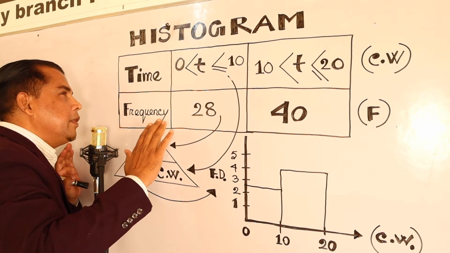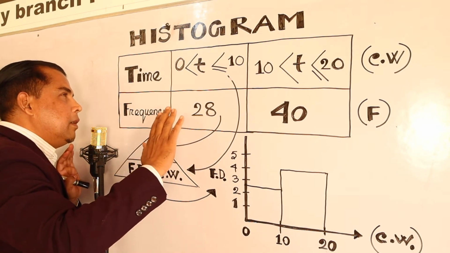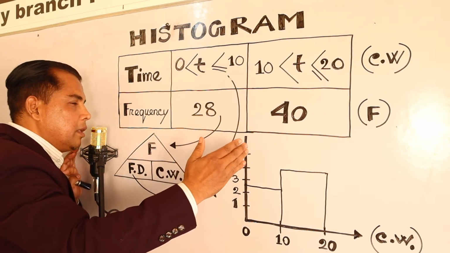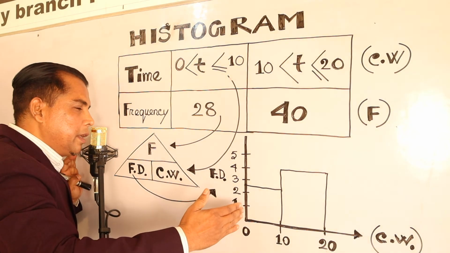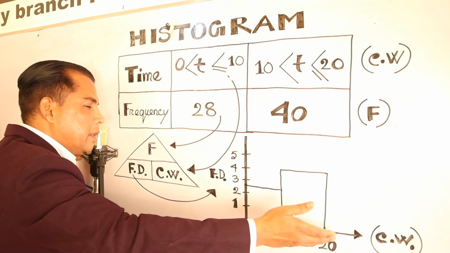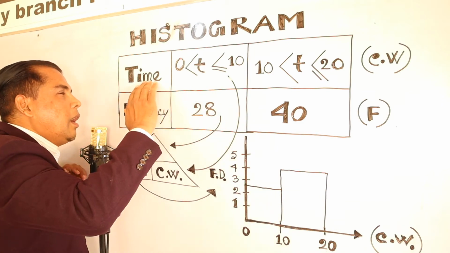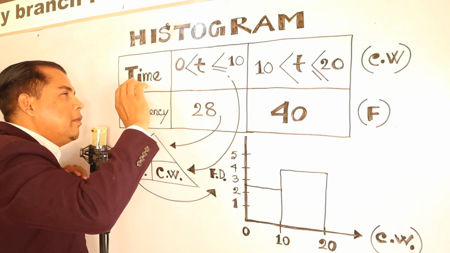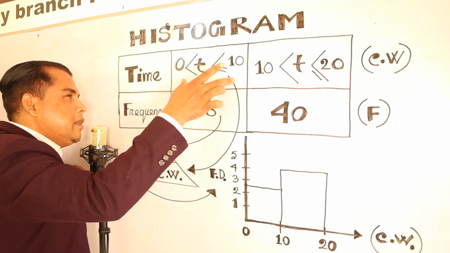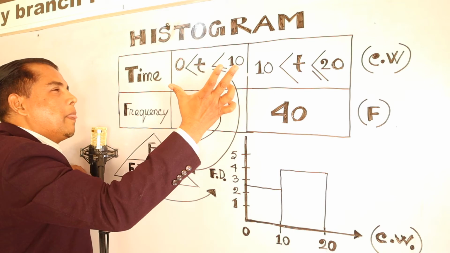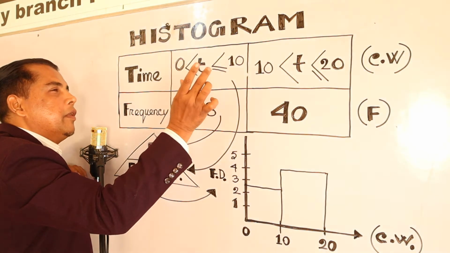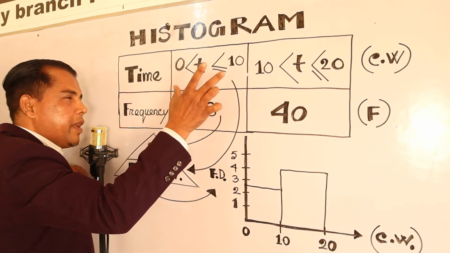Here I'm here for explaining histogram. Histogram has three properties. This is frequency density, not given. This is class width. Class means how the class could be defined: age, time, these are classes. And width means the distance, the breadth, right?